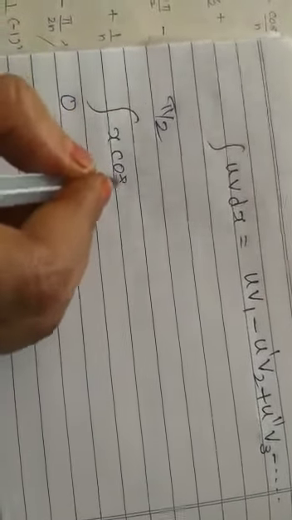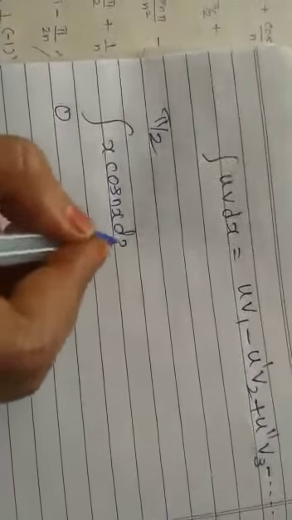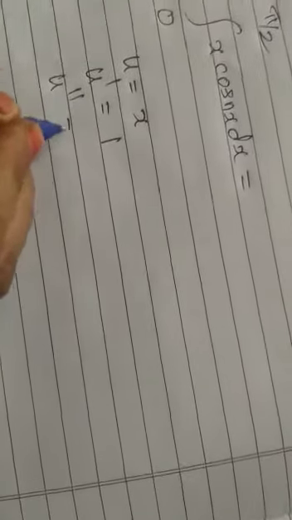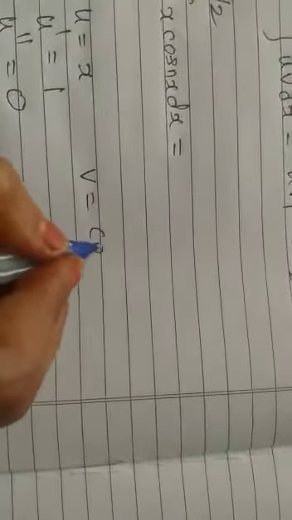Now u is equal to x, u dash is equal to 1, u double dash is equal to 0. That is, differentiation of x is 1, differentiation of 1 is 0. Now our v is cos nx.